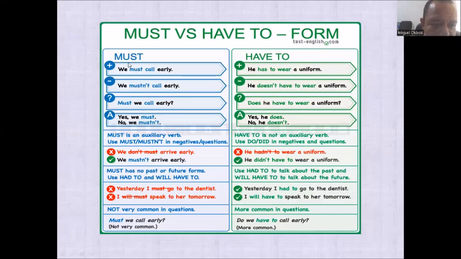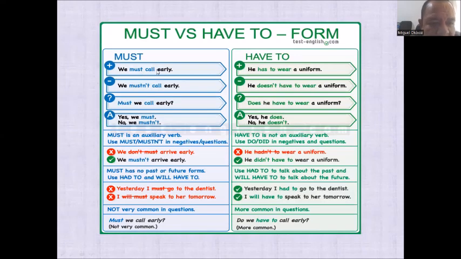I must, you must, he must, she must, it must, we must, you must, they must. It doesn't change. And after it, as I told you, we are going to use the simple form of the main verb.